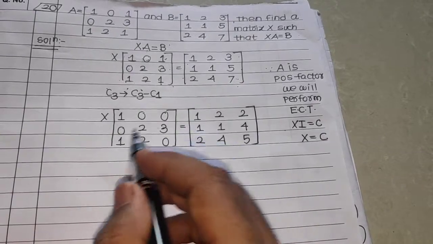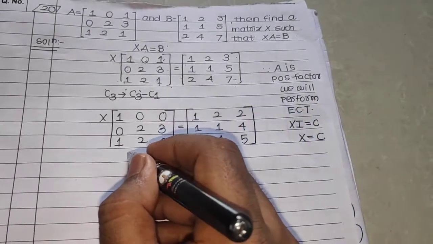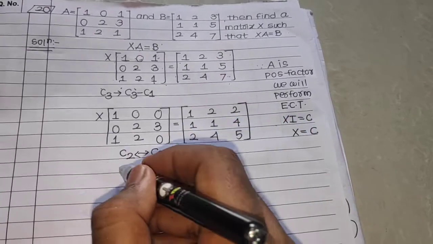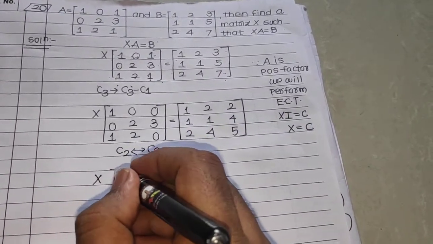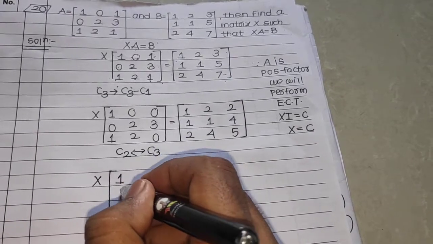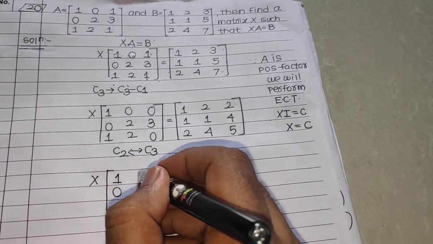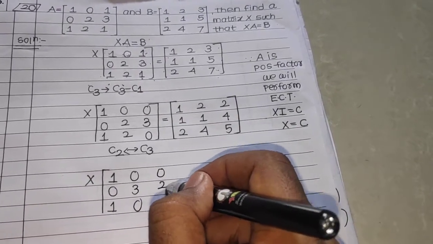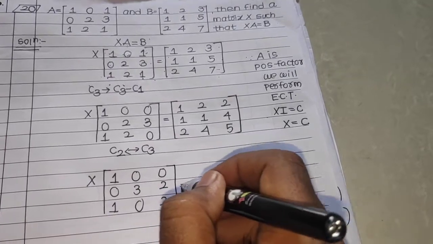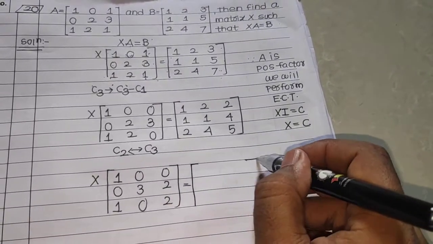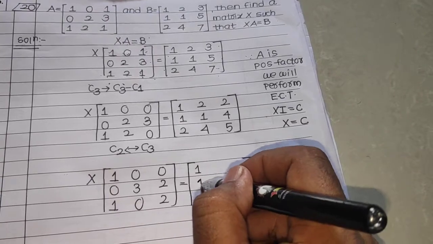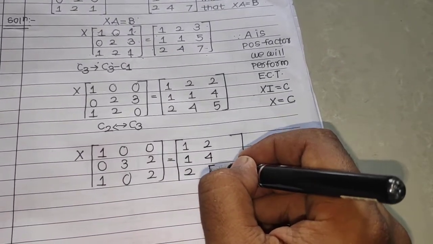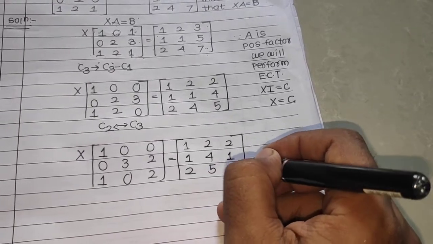Now let me interchange column 2 with column 3. 1 0 1, 0 3 0, 0 2 2, 1 1 2, interchange 2 4 5 and 2 1 4.